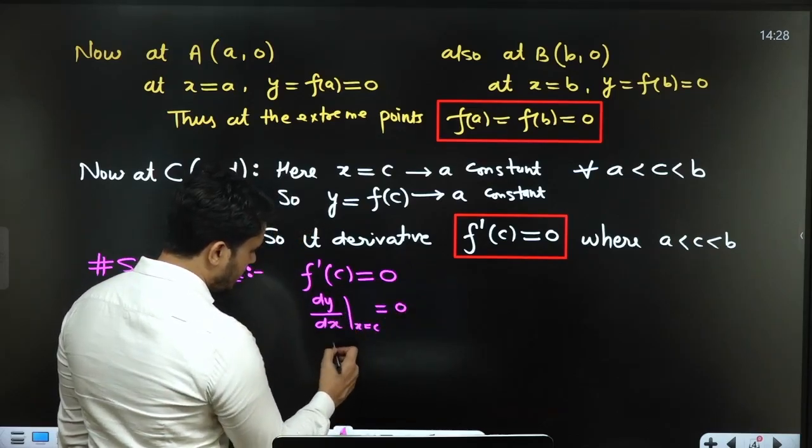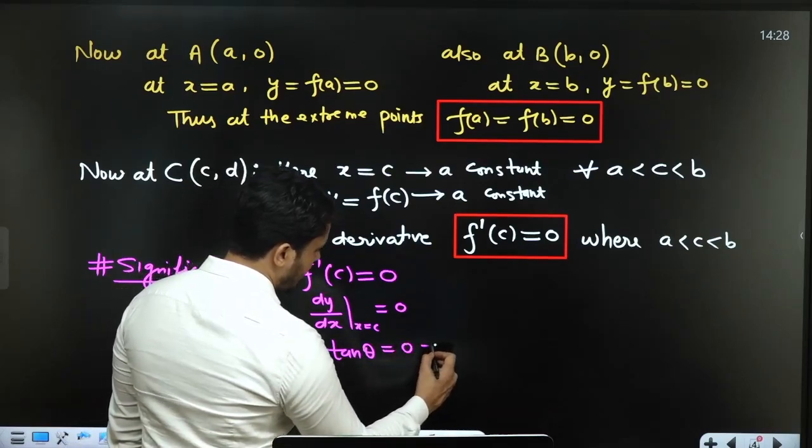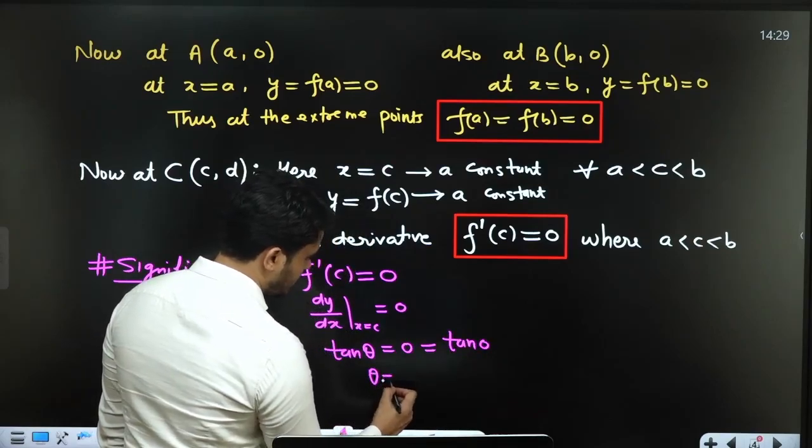And sometimes you call it theta, tan theta equal to 0, and it is equal to tan 0. So theta equal to 0.